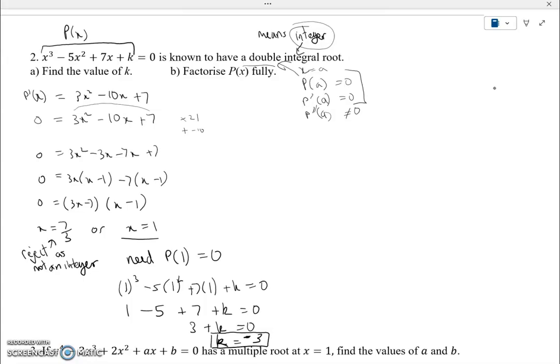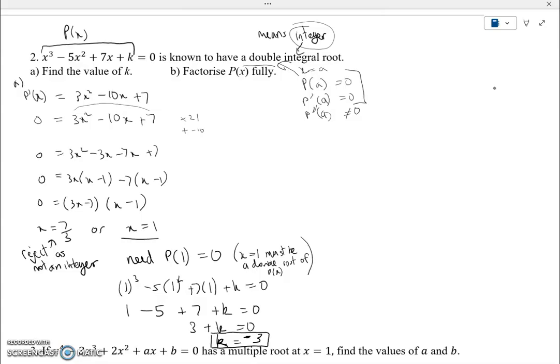Okay, so I've done part A. I've found the value of k. I might add here x equal 1 must be a double root of p of x.